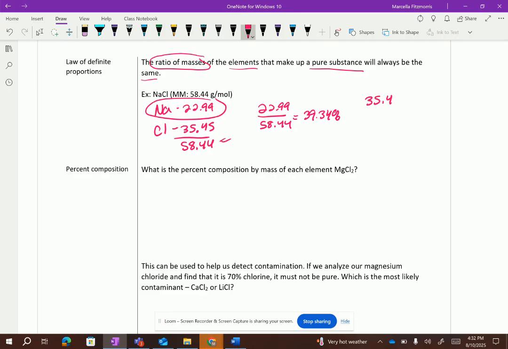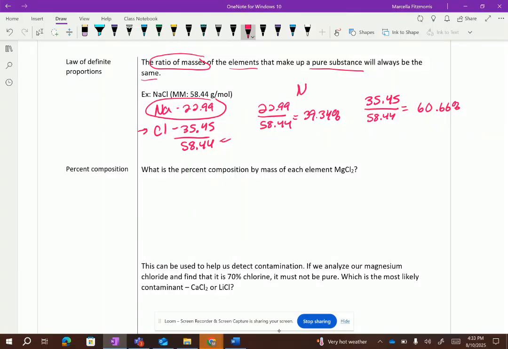I do the same for Cl. Cl's mass, just the Cl, divided by the 58.44, which is the whole compound, multiplied by 100, in this case it's 60.66% chlorine.